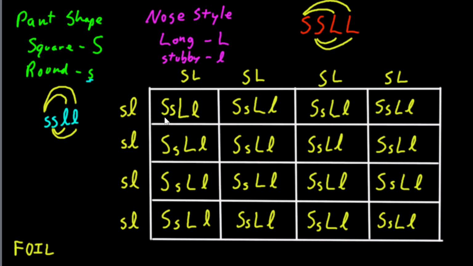So we can already see that in this case the pant shape will be square and the nose style will be long, because the dominant trait is present in every single possible offspring that could be produced.